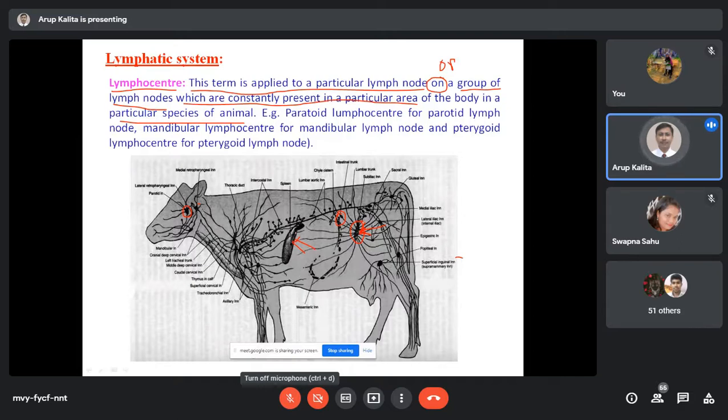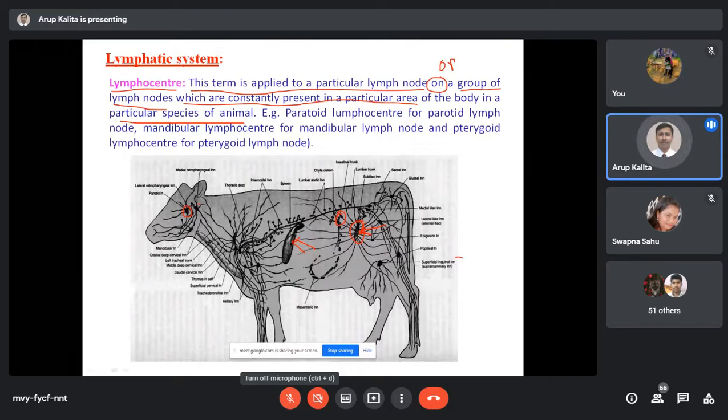It is found inside. Mesenteric lymph nodes you will get in the mesentery, which is in the abdominal cavity. You cannot get them superficially. So some lymph nodes are superficial and some are deep. The hepatic lymph node, present in the liver, is not superficial. It is a deep lymph node. But some lymph nodes are present just below the skin, and those are called superficial lymph nodes.